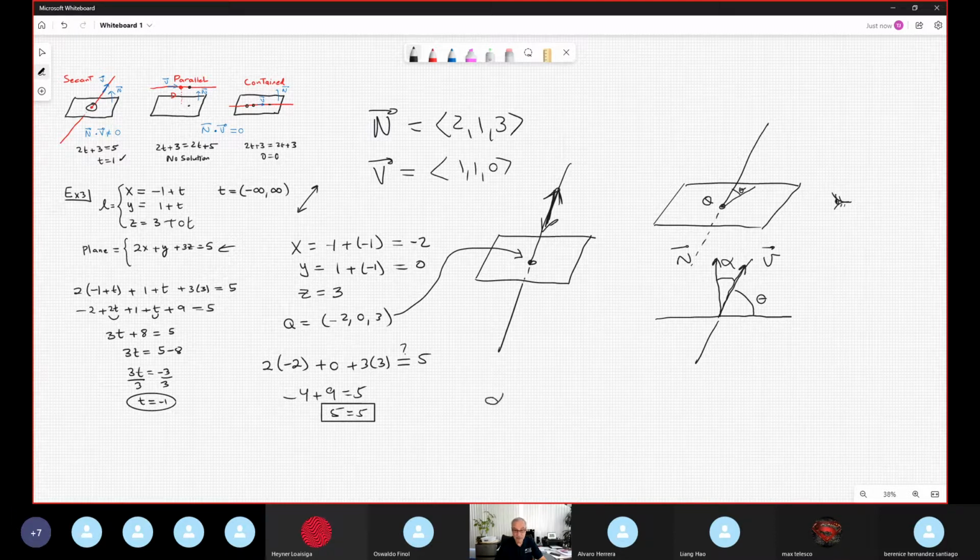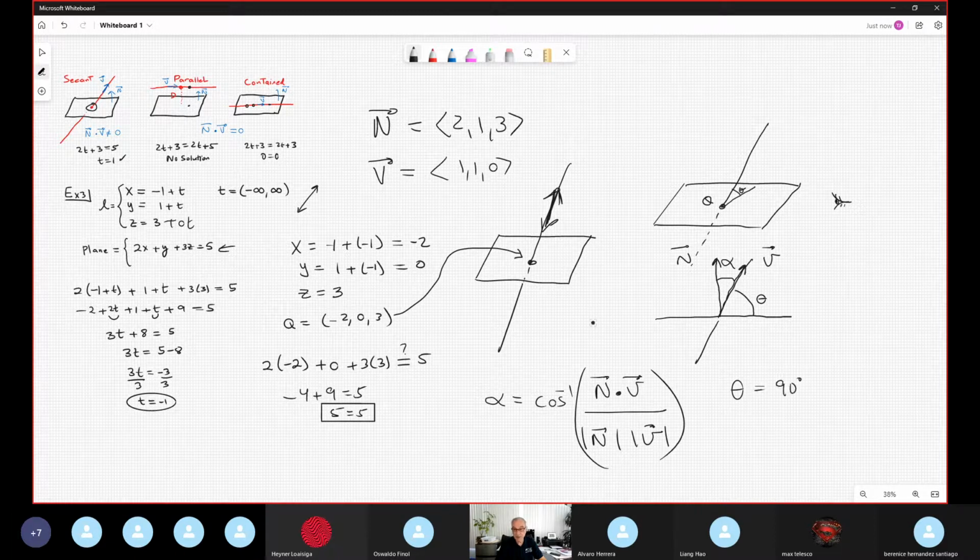So alpha is equal to cosine inverse of the dot product, normal vector dot B, divided by magnitude of n multiplied by magnitude of b. Remember, the dot product is commutative. This is alpha, and theta is obviously 90 degrees minus alpha because they are complementary. End of story.